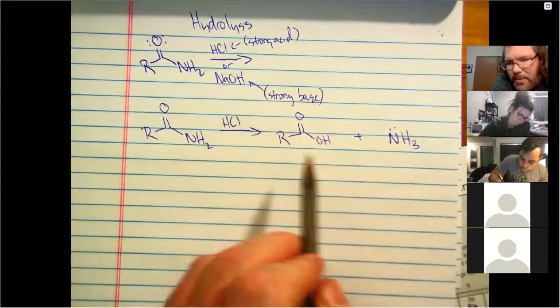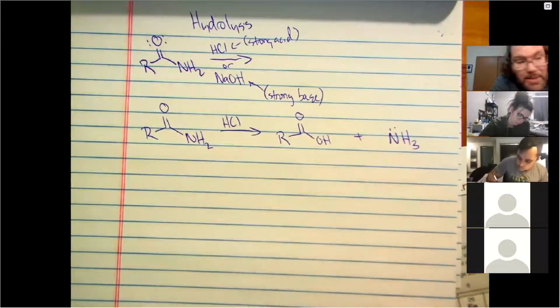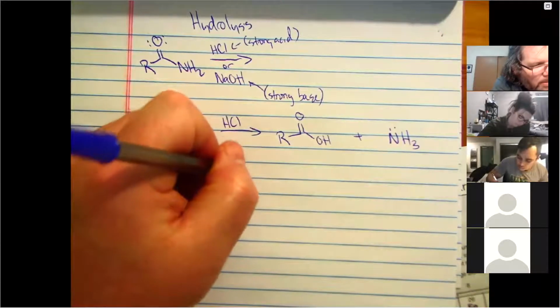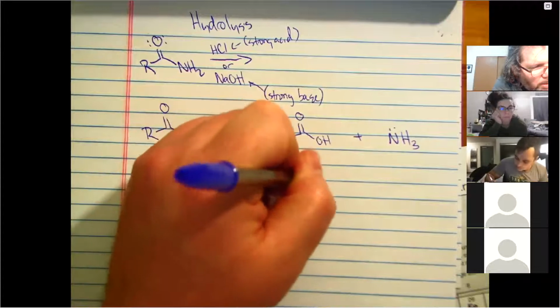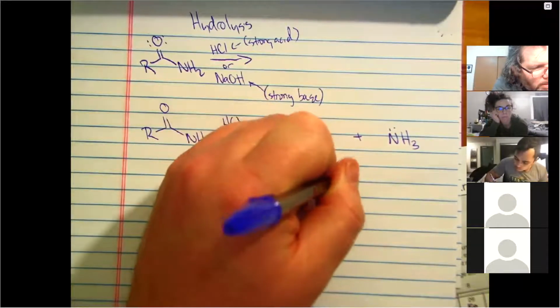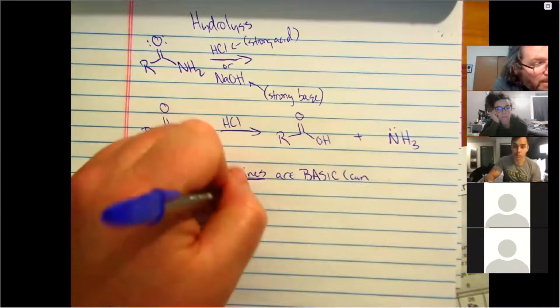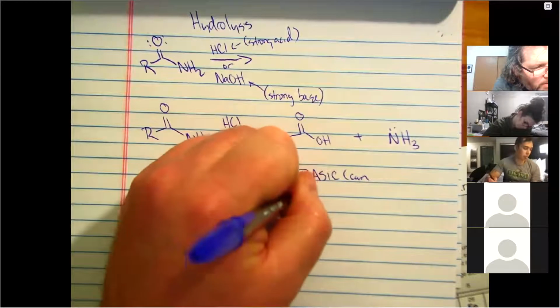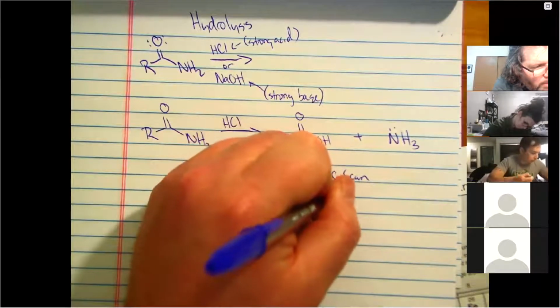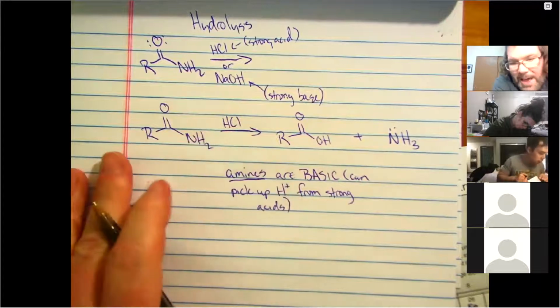But we have to think about what this reagent, the acid or the base, can do to these products. So here's the first time where I'm going to tell you that amines are basic, which means that they can pick up H plus from acids.